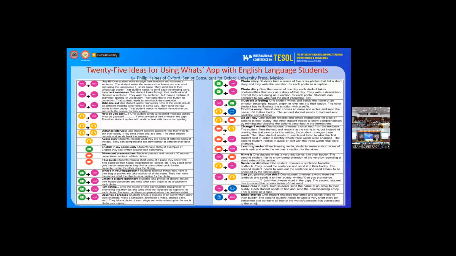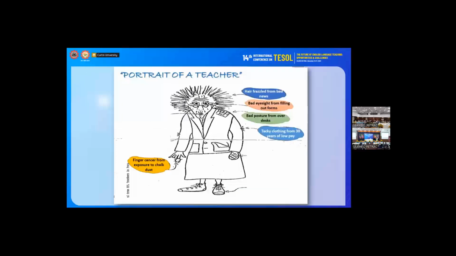And now that we have looked at social and emotional learning for students, what about teachers? We need support. I was in Peru, and one of the teachers gave this to me to show the condition of the teacher. And look at this, portrait of a teacher.